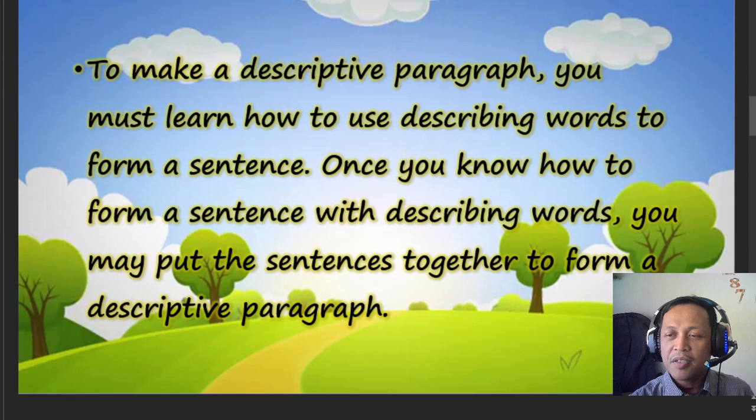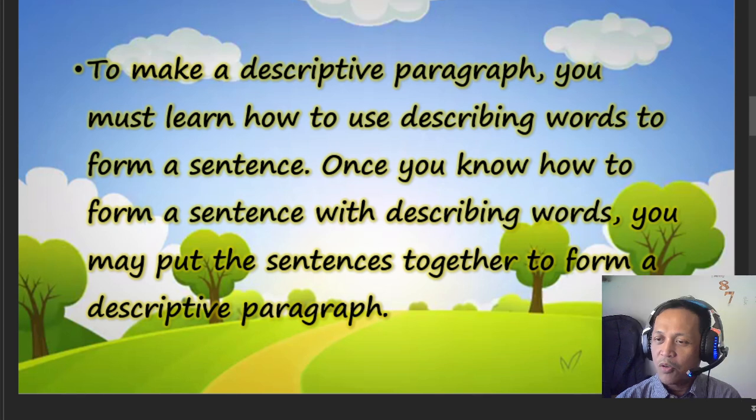First things first, we have to learn how to use describing words. Yesterday, we learned how to describe a drawing using sentences. Those sentences contain describing words because we were asked to describe the drawing.